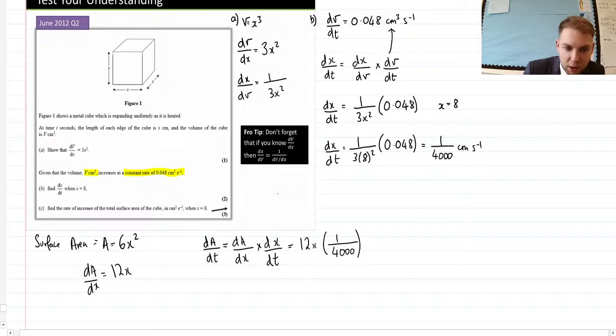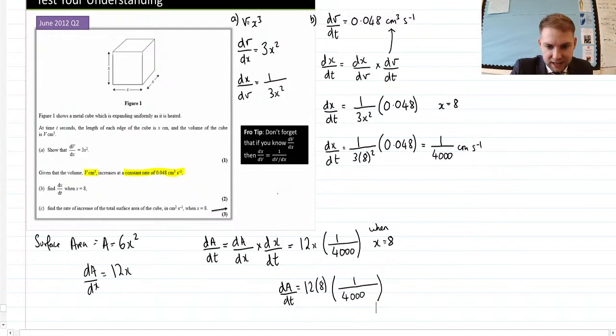Take note that I want it when x is equal to 8. So, the last little part, let's sub all this in. dA by dt is equal to 12 times 8, all times 1 over 4,000.